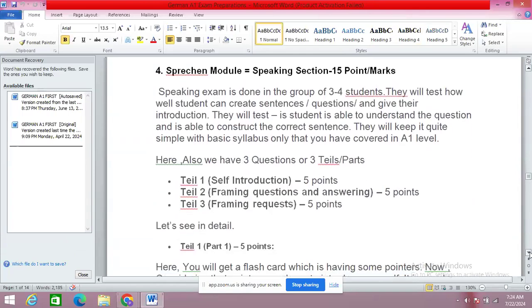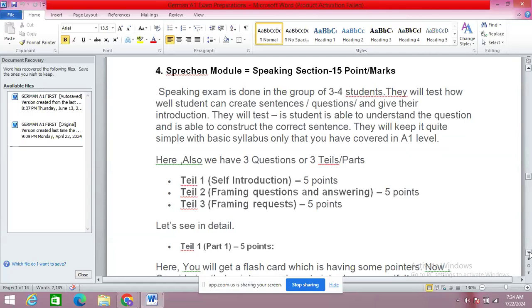Now the last one is the expression part, the speaking examination. During your speaking examination, you go in a group of 3 to 4 people inside your speaking room. So there will be 3 or 4 people sitting together, and in front of you there will be 2 to 3 examiners who are going to conduct your speaking examination.